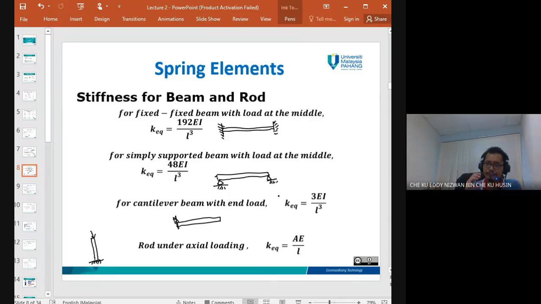So even if it is the same cantilever beam, the equivalent stiffness depends on the direction of motion that you consider in the calculations. This one is for the middle load. Okay, same goes for the simply supported.